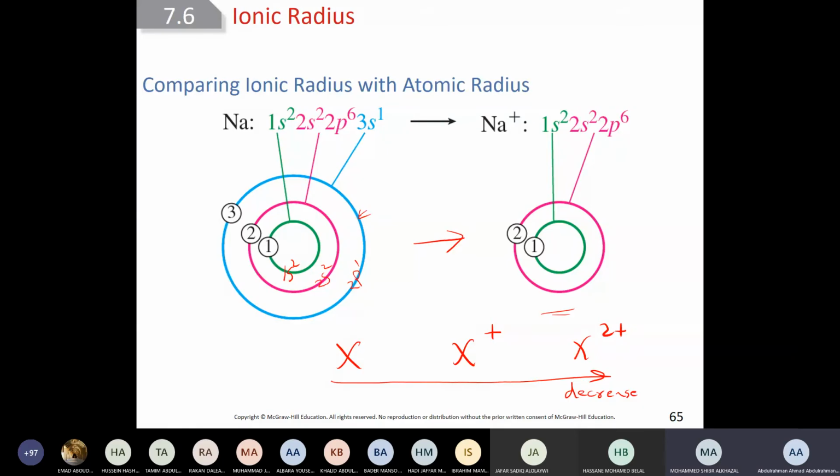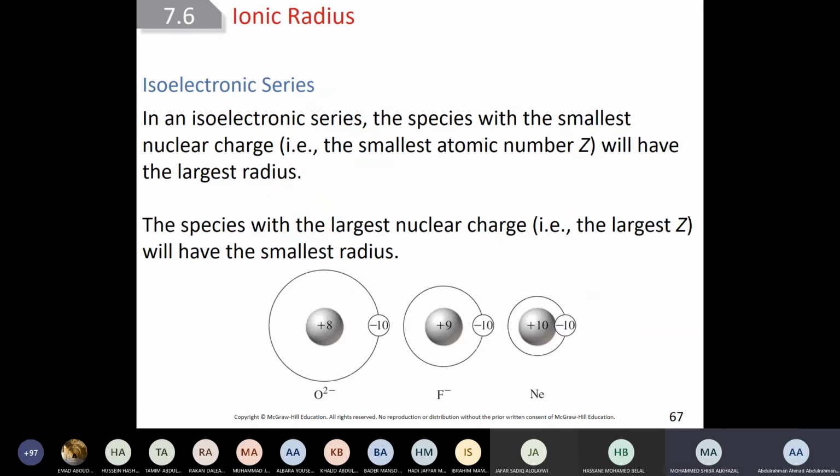Okay, what will happen if you make Cl go to Cl minus, or fluorine? Fluorine, this is fluorine F, which has 9 electrons. This is plus 9. What's the valence of fluorine? 7.